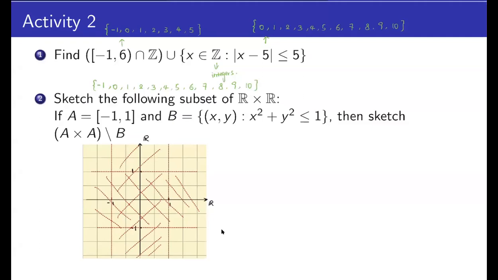So eventually, our A Cartesian product A would be everything in this square. So make it clear. Alright, so A Cartesian product A is going to be this part. Okay, let me make it thicker so that everyone can see.